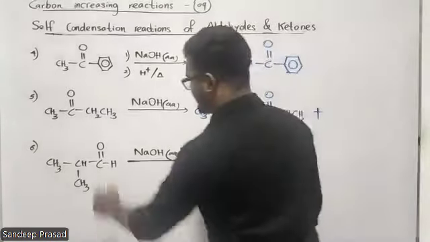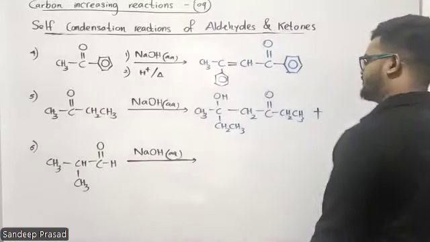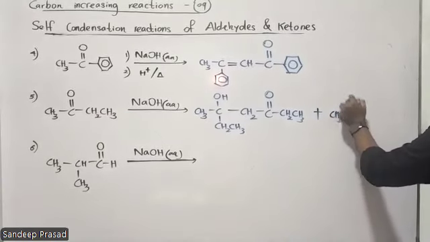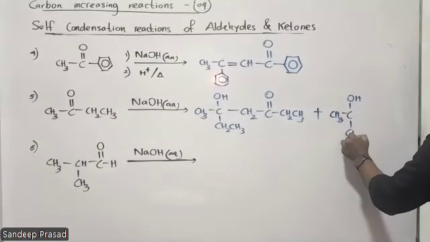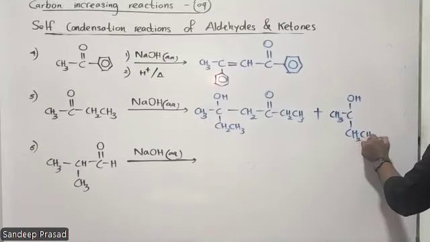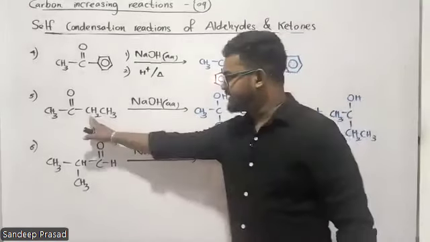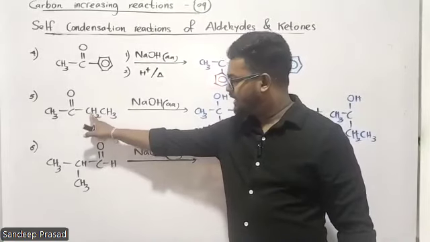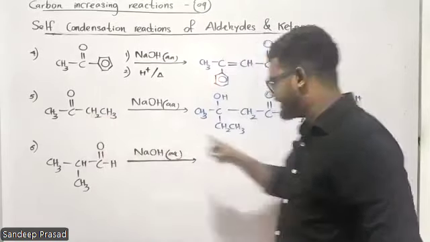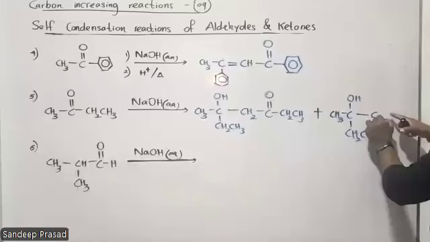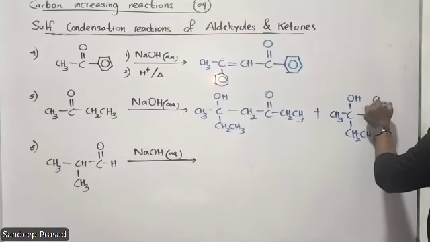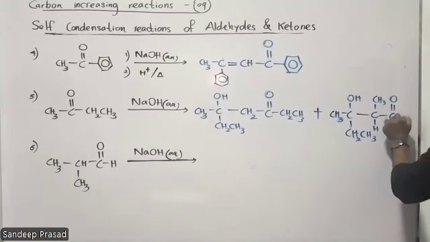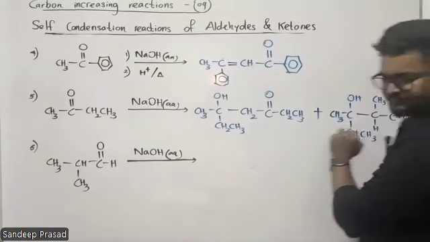I could say that hydrogen is eliminated from the other alpha carbon. CH3, OH, CH2, CH3. I'm going to consider that hydrogen is eliminated from this carbon atom. Then this carbon atom is connected only here, as after removal of that one, CH3 is there, hydrogen is there.